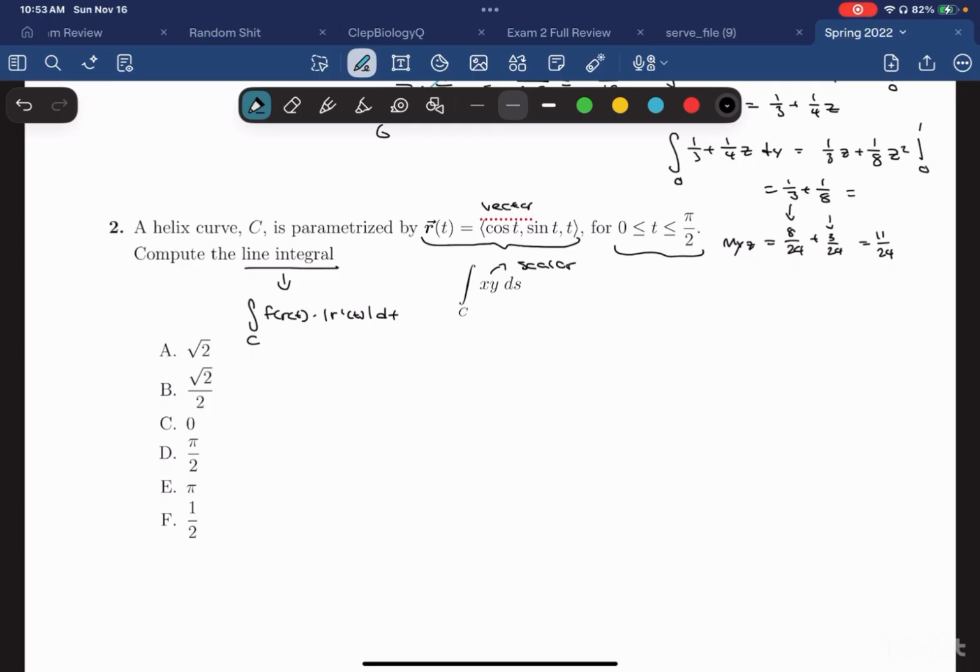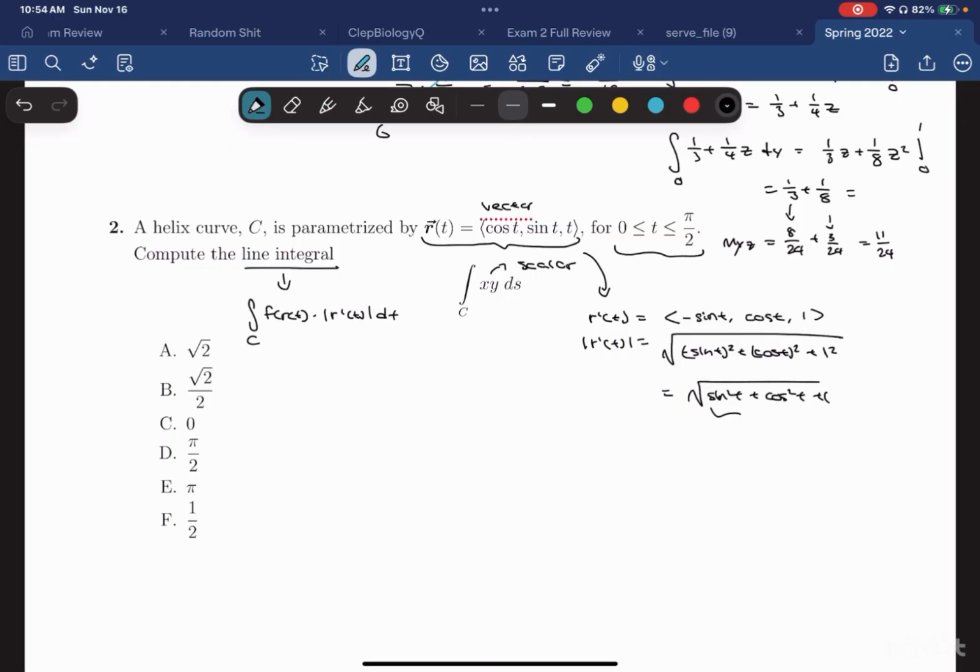So let's find r prime of t first, which in this case will be negative sine of t, cosine of t, and 1, which means that the magnitude of r prime of t will be the square root of negative sine of t squared plus cosine of t squared plus 1 squared, which just gets you sine squared t plus cosine squared t plus 1.